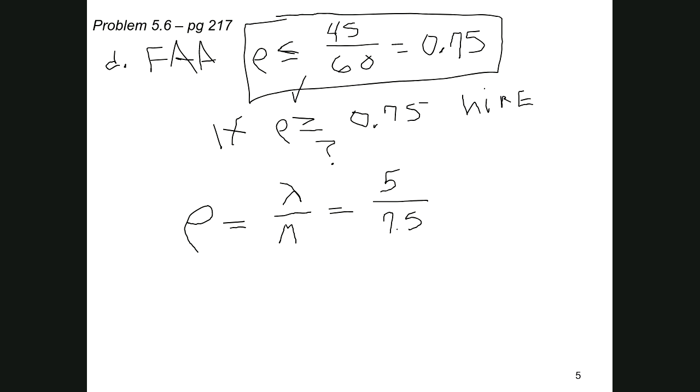When you do the calculation, this turns out to be 0.66 repeating, or 2/3. And so rho, in fact, is less than or equal to 0.75. So in terms of the FAA, that's good. And so no, we do not need to hire. We're in good shape.